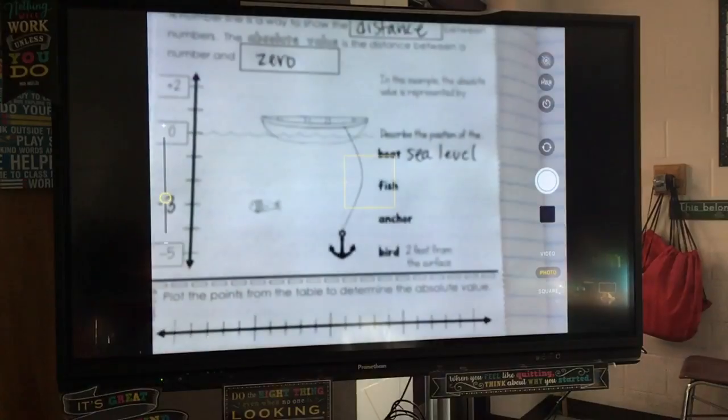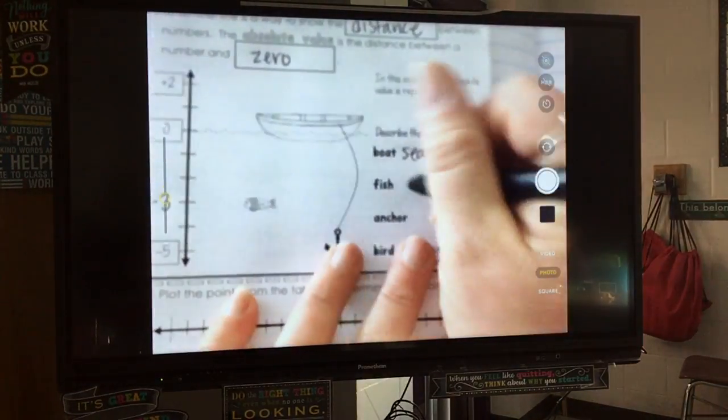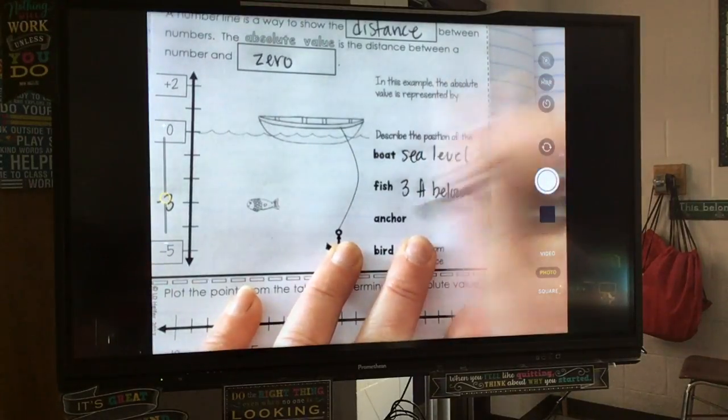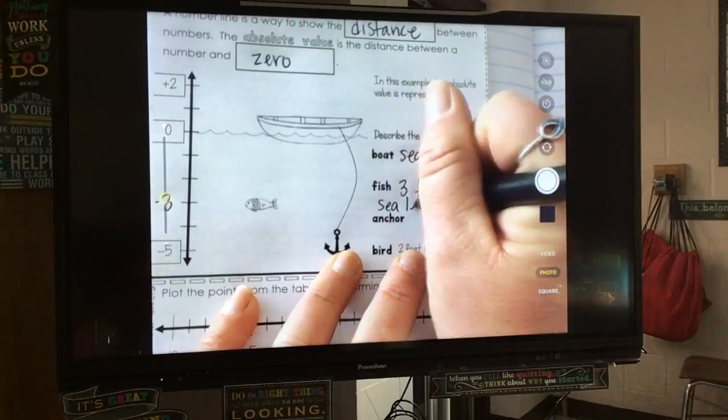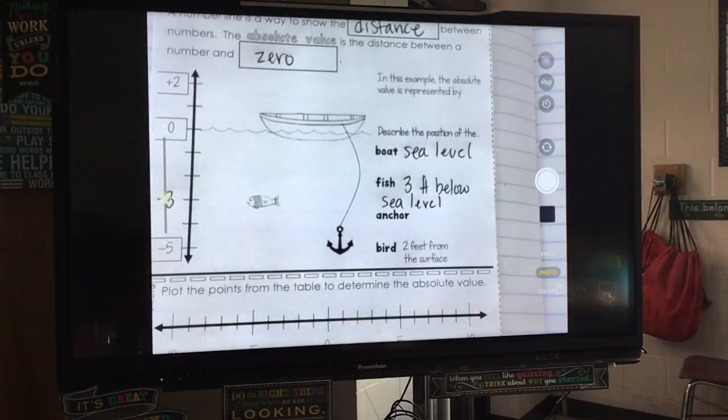So we would, again, not say the fish is located at -3. We would say the fish is located 3 feet below sea level. Does that make more sense? We wouldn't say the fish is located -3 feet below sea level. We don't talk like that. You'd look at me like, what are you talking about, Miss Minnie?